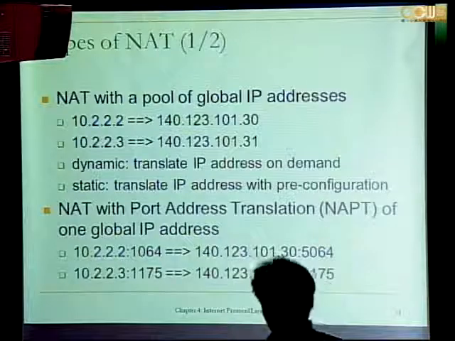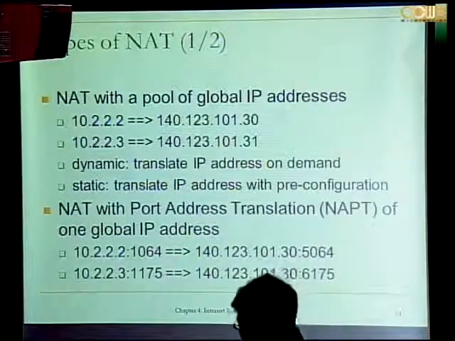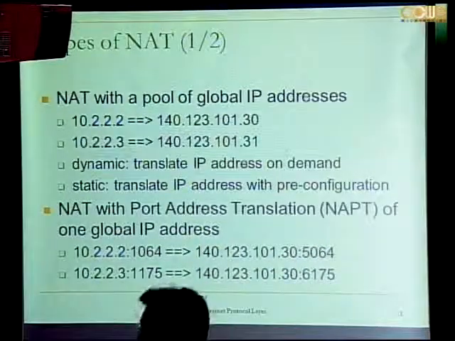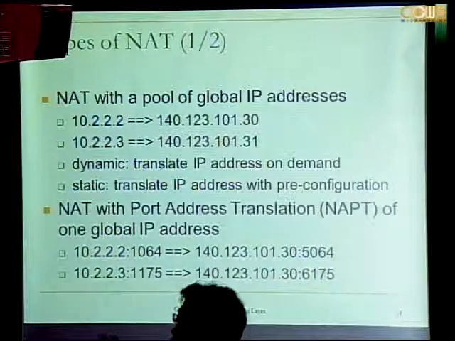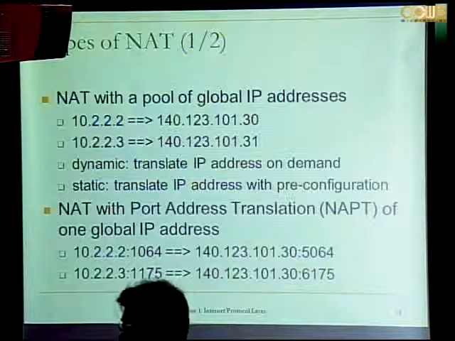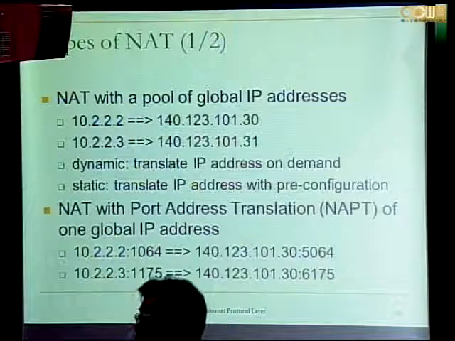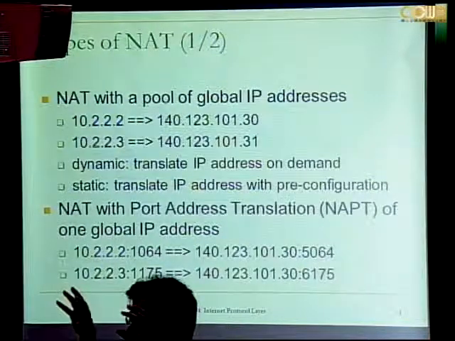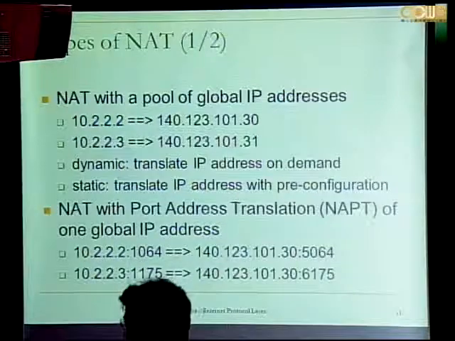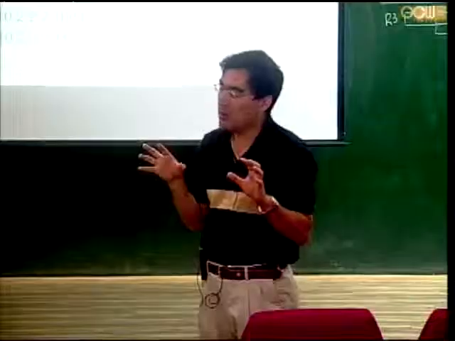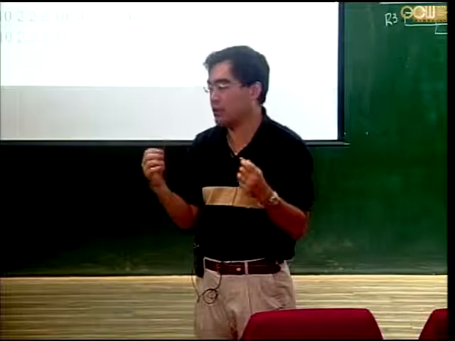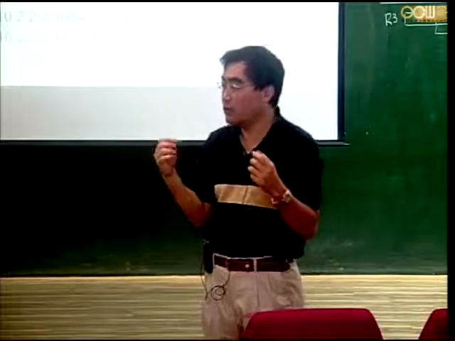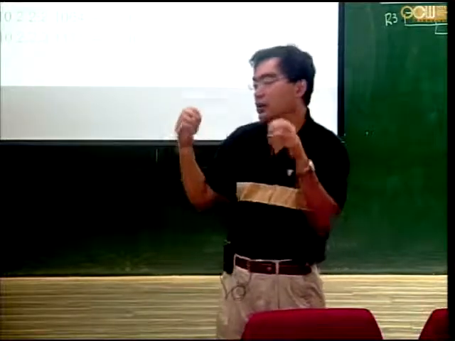Oh, sorry, I forgot to mention and define the port number. The port number is the TCP port number or UDP port number, which is the address field in the TCP header or UDP header. In the IP header, we have IP addresses as the address for the station, for the host, or the router.